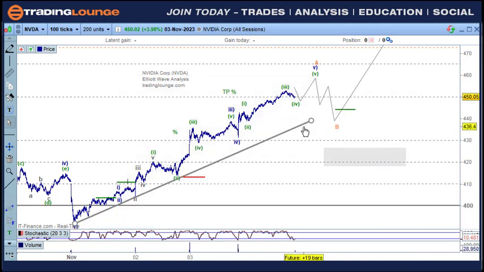So we'll just keep an eye on that. The B wave could be simple or it could be complex. So hopefully we get 5 waves here, 3 here, and 5 here. And then we can move into it at that point on our first impulse wave and first pullback. So let's look to cover most of these trades that you're in.